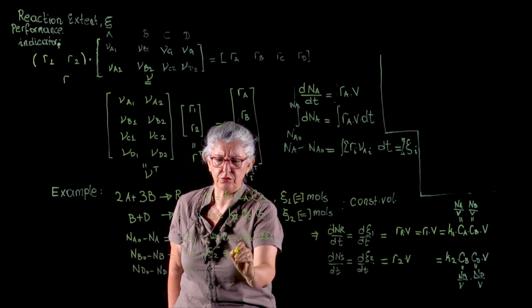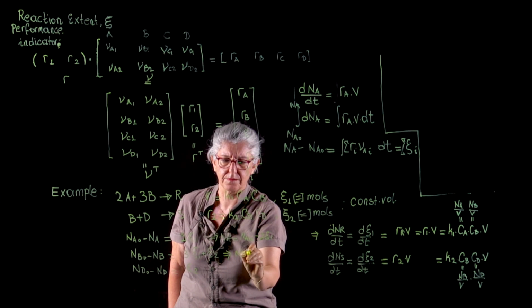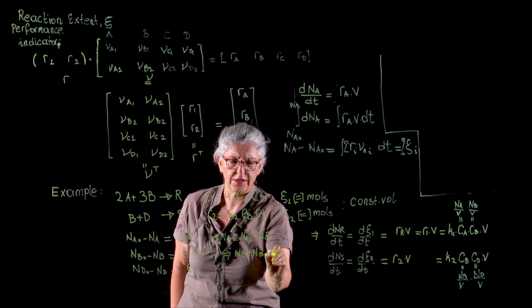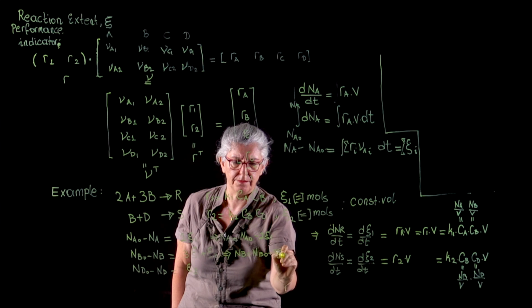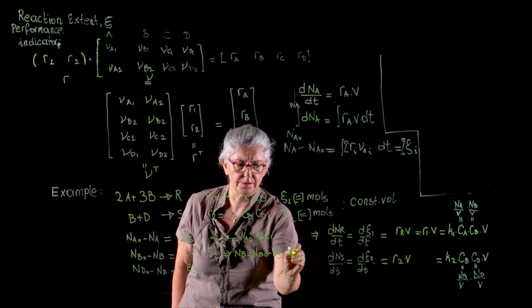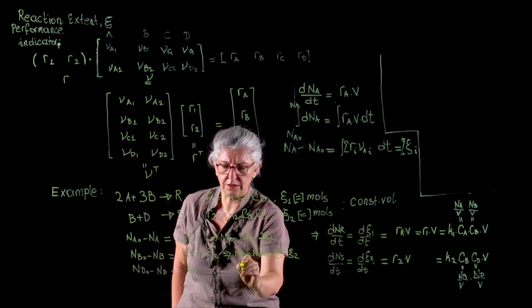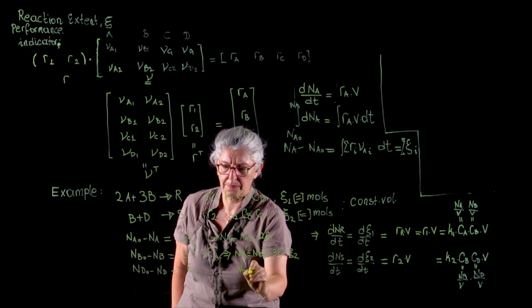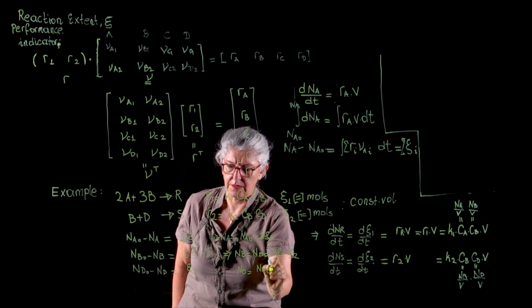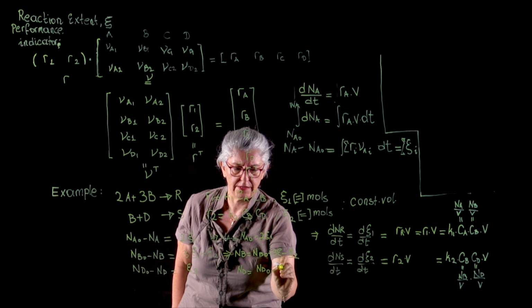Nb is equal to Nb0 minus 3 psi1 minus psi2. Nd is equal to Nd0 minus psi2.